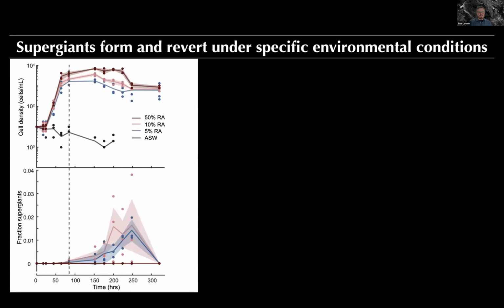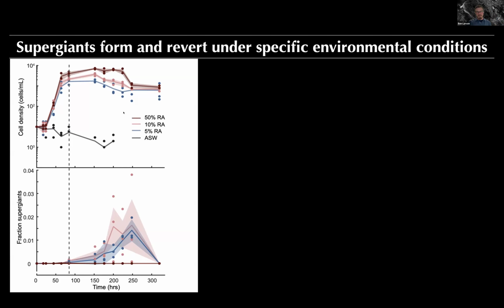And what I found as I started to play around with media is there was sort of a sweet spot. This is RA, this red algal media, where if I gave the cells moderately low nutrient availability, these are just growth curves of the overall population of cells in cultures, I saw this bloom of supergiants that tended to correspond with when the population hits this stationary phase of growth.